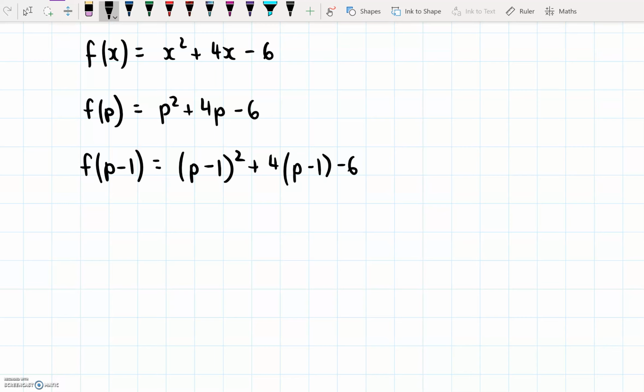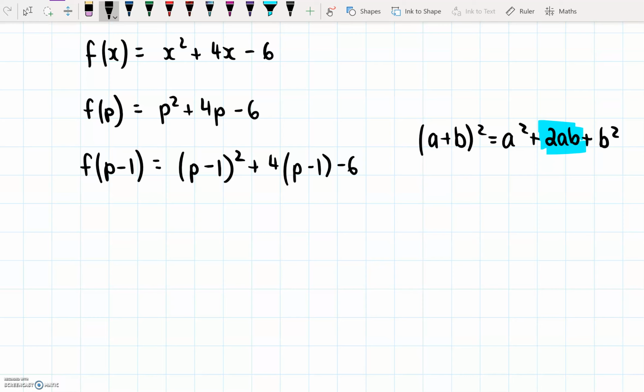Okay, now again, in this case, we need to simplify it. This is where, again, it's really, really important, guys, that you know your expansions for a square. You need to remember that (a plus b) squared is equal to a squared plus 2ab plus b squared. And that 2ab is the bit that most people forget all the time. Please don't forget it. All right, it's really important.